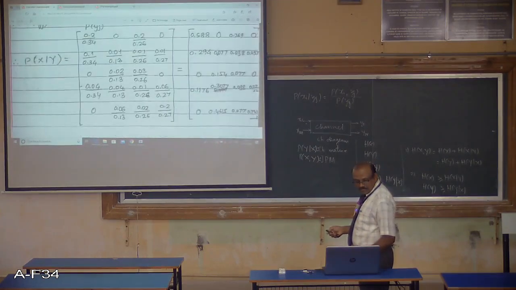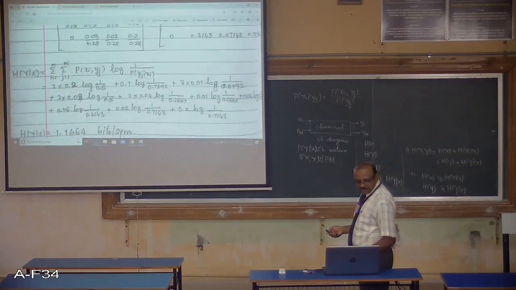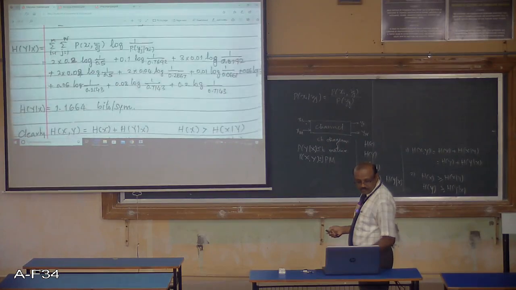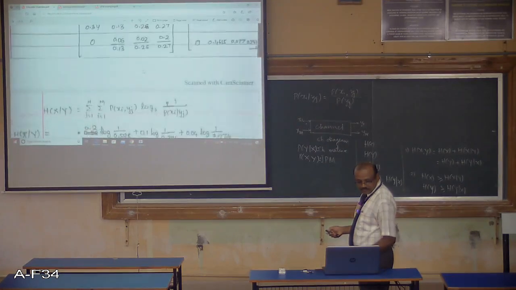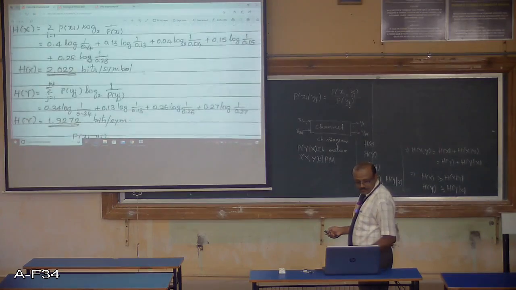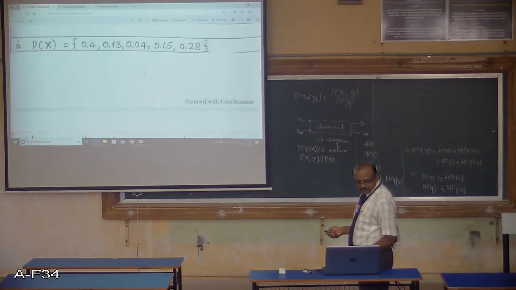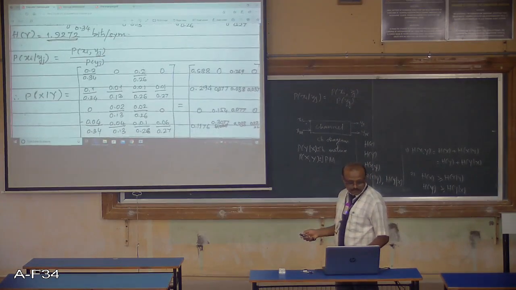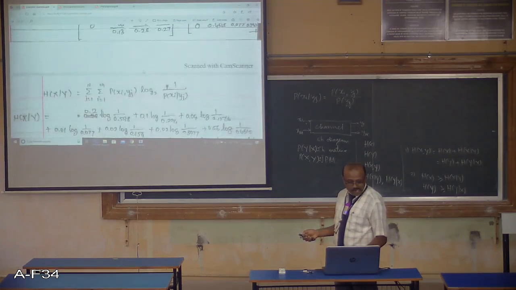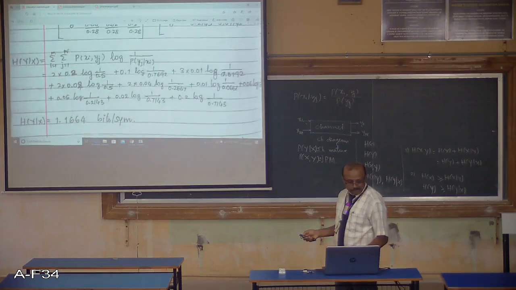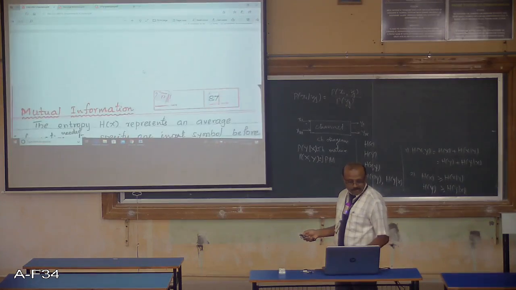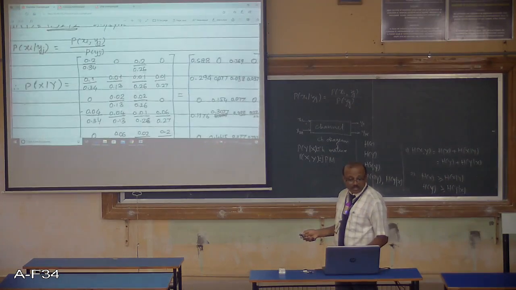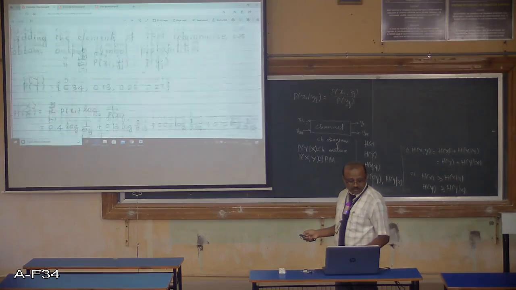Joint entropy we can directly calculate. Joint entropy calculation is missed here, or is it calculated?